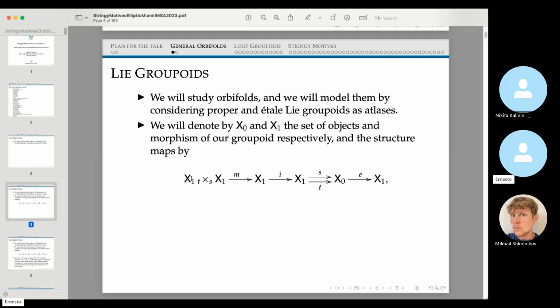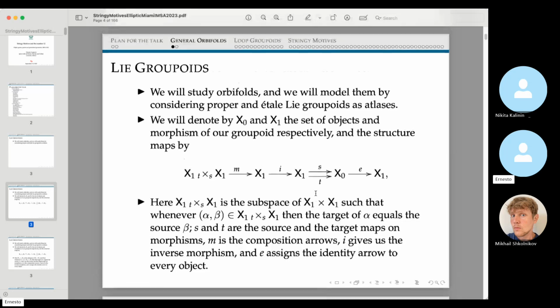And then you would have the group structure, the multiplication of arrows, the inverse of an arrow. You can think of every element of the group as a little arrow going from one point to itself. The identity is this marked point; this one-element set contains just the identity of the group. That would be for a classical group.